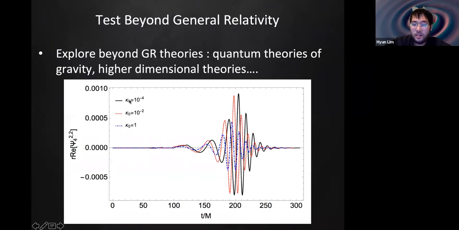So this K0 means how big the axion is in that theory, and then we perform the black hole merger and extract what the gravitational wave signal looks like. Except for this value, I keep all other conditions the same. I use the same black hole mass, same initial distance, etc.